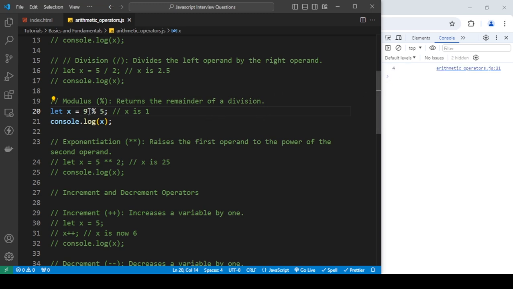Even if it's something like, let's say, 199, this is also going to be 4. So that's basically what this is doing. It's returning the remainder of whatever number is here, when divided by this number.